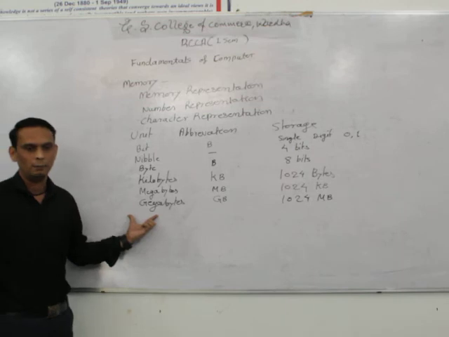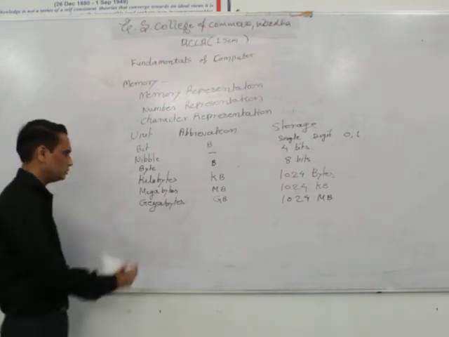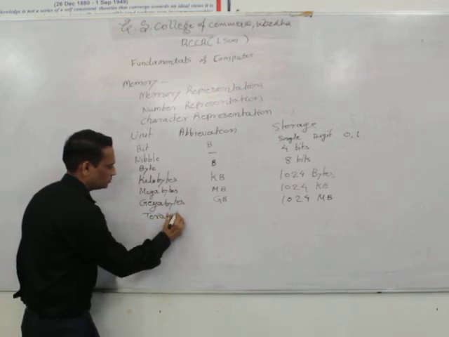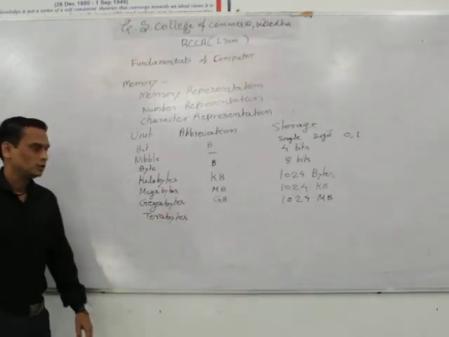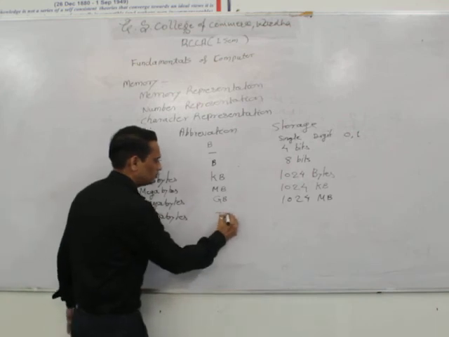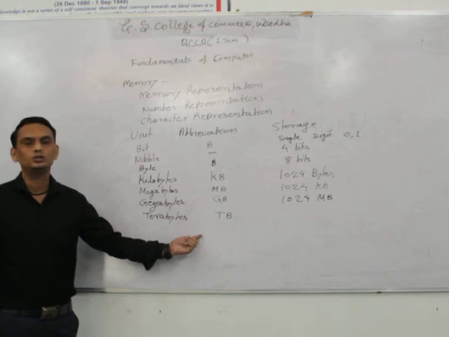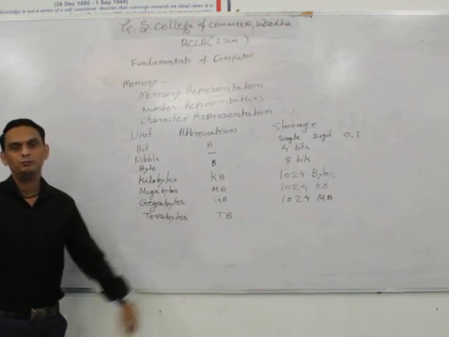After gigabyte, terabyte, called TB. Normally TB is used for external memory.